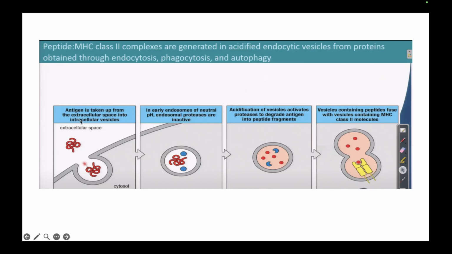Antigen is taken up from the extracellular space into an intracellular vesicle. In the early endosome of neutral pH, the endosomal proteases are inactive. Then acidification of the vesicle activates the proteases to degrade the antigen into peptide fragments. Here you can see the protein has been degraded into peptides.